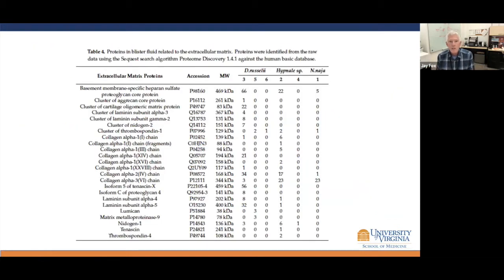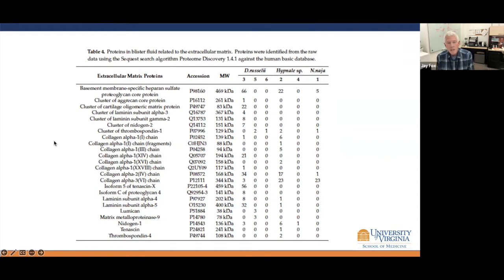This particular table is just a summary of what we've found in exudates from 3 different snakes. If you look at this listing of all the proteins on this side, it's just a shopping list of what can be found primarily in the basement membranes of tissues, as well as some stromal proteins, such as collagen 1 and collagen 3.